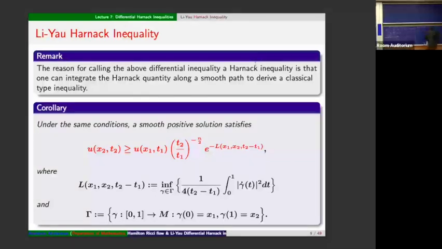And this is our manifold. Then this gamma is a function that defines two points here. Gamma of 0 at this point, which is x1, gamma of 1 at another point here. So these can be joined together with a smooth path.